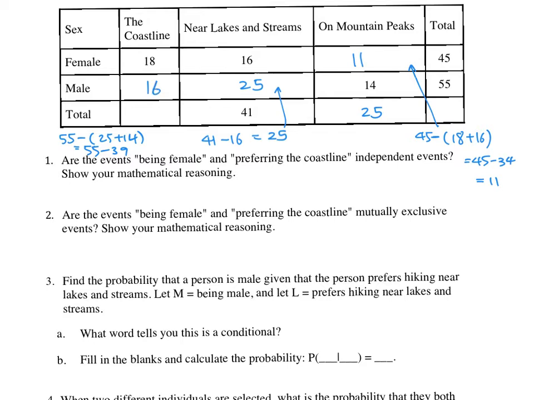And then for the coastline, I have 18 females, 16 males, so it'll be 34 total. And one last space, the grand total will be just 100. For the grand total, I can add up all the numbers on the row or add all the numbers in the columns. So there we surveyed 100 people.